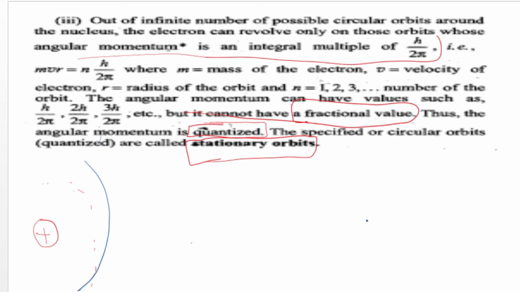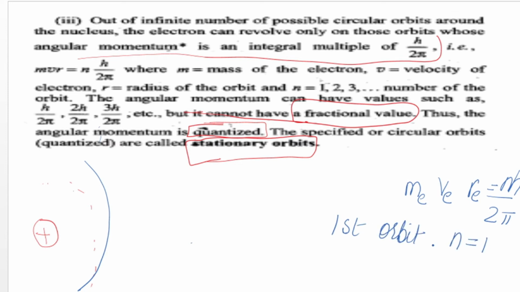Why? Because in this particular case, the mass of the electron, the velocity of the electron and the radius of the orbit in which it is moving come out in multiples of nh upon 2 pi. For example, for the first orbit, the value of n is going to be 1.